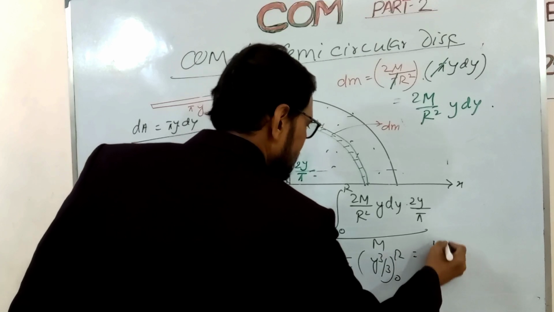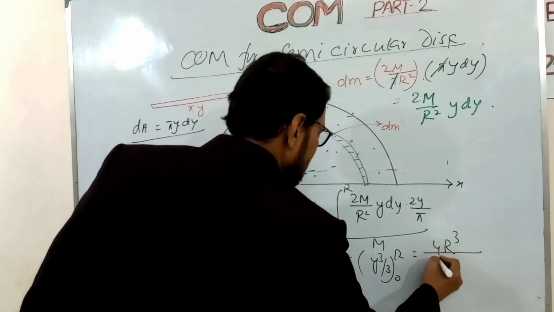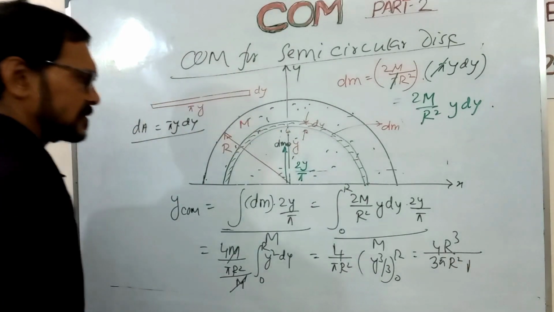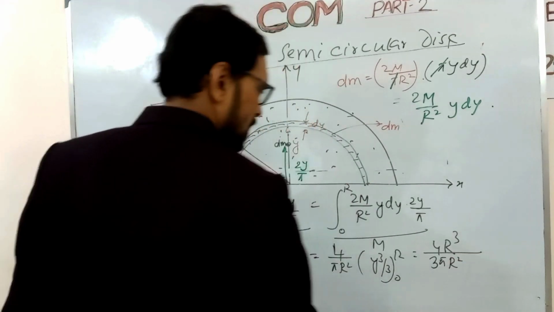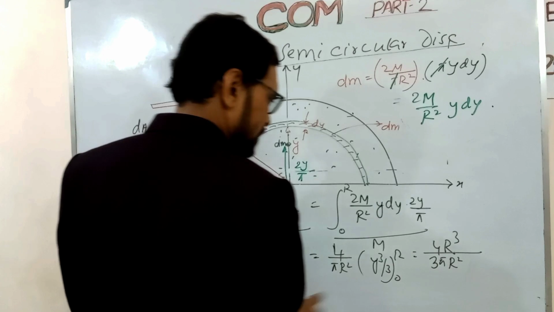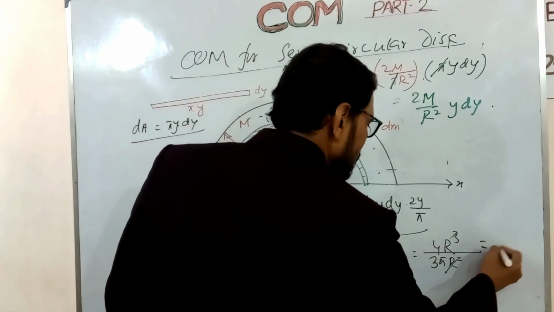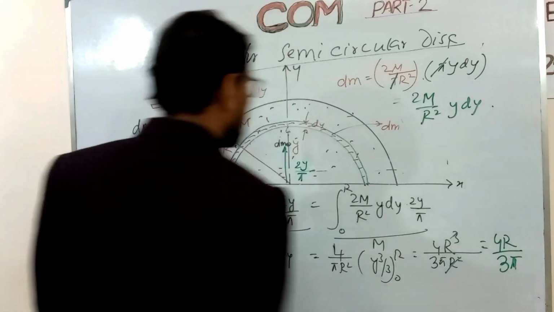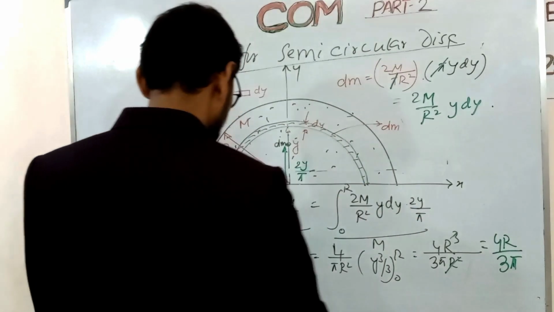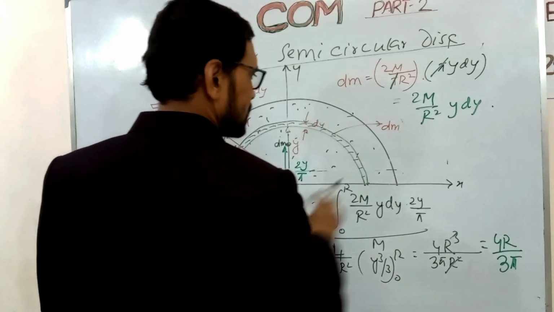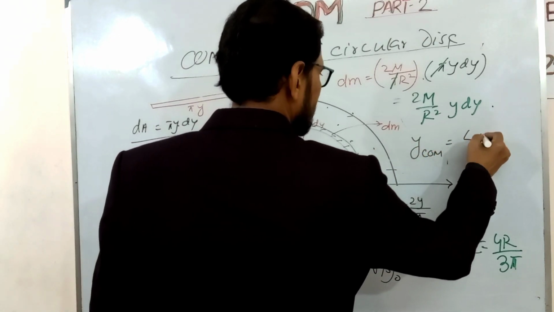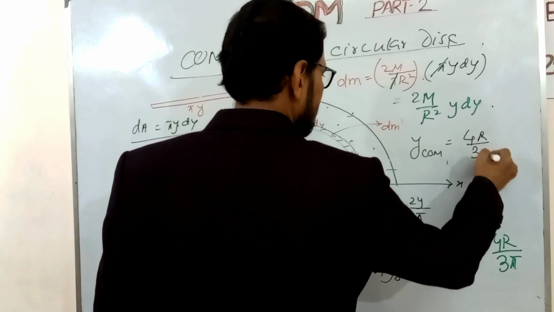So 4 r cube by 3 pi r square into r square, cancel. So this will be 4r by 3 pi. So this is the answer: y center of mass equals 4r by 3 pi.